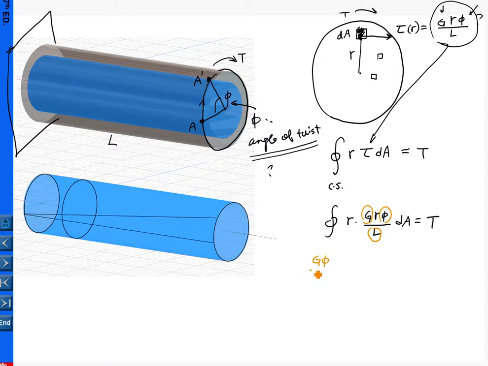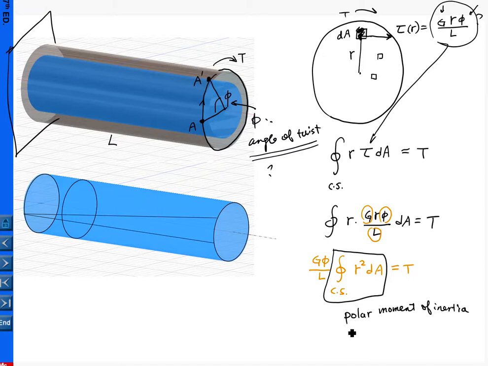G phi over L, and on the cross-sectional area, integral of r squared dA, okay, equals T. And from here, this one, if you remember from your statics, basically this is what we call the polar moment of inertia of these cross sections about its center. Okay, so basically this integral has meaning like this, and in our textbook we define it as J.